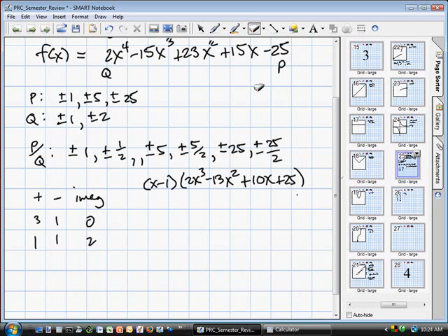Okay, I need space, so I'm getting rid of this. Now we know we have x minus 1. We also know we have x plus 1. And we're going to do some synthetic division to find out what's left.